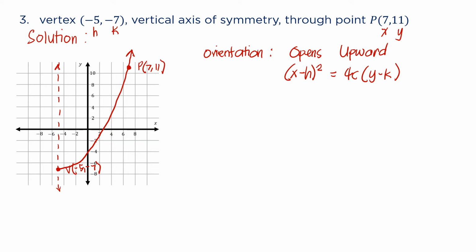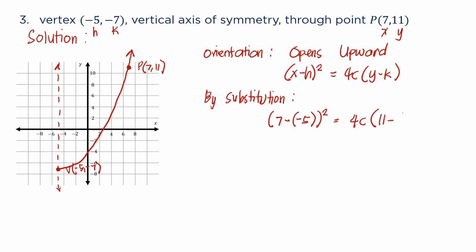Okay, so ang gagawin natin, substitute lang. So, by substitution, ayan. So, you have your x is 7 minus your h is negative 5, squared, equal to 4c. Hindi natin alam yung c.